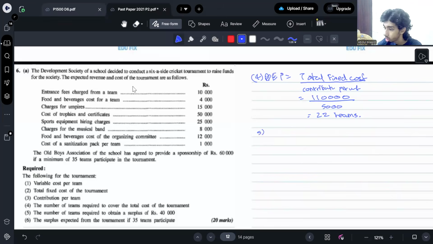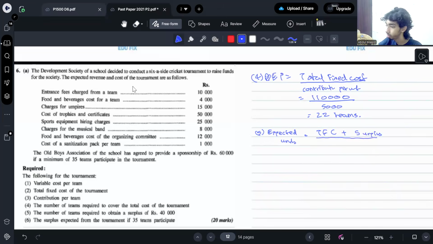Then the fifth one, the number of teams required to obtain a surplus of 40,000. So here you can use this equation, expected units or expected teams in this case equals total fixed cost, write the full term, plus surplus or profit.